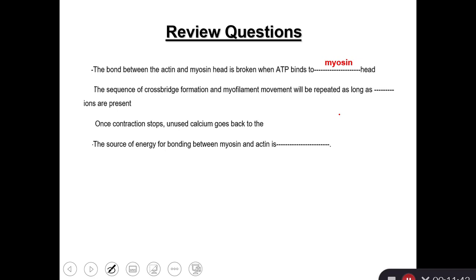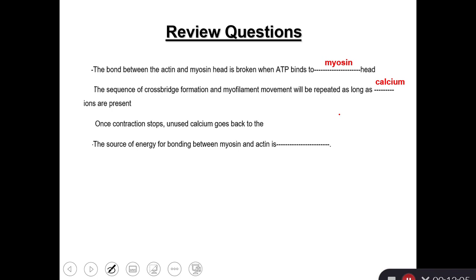Now the myosin is released from actin. The sequence of cross-bridge formation and myofilament movement will be repeated as long as we have calcium and ATP.